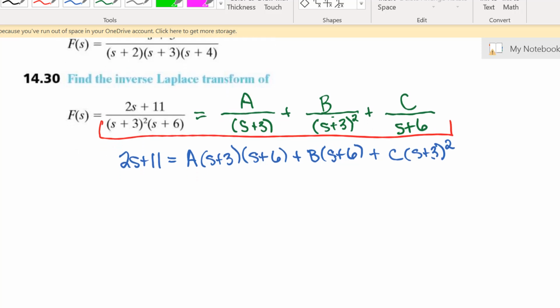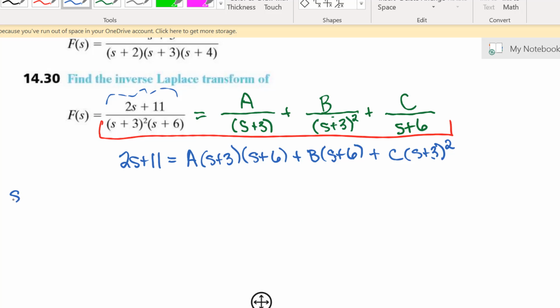Now, just a little technicality. Technically, this whole fraction here is undefined at s equals -3, but it is defined at s equals -2.999999. So it's sort of like taking the limit. And so I'm just going to plug in the numbers that make that denominator equal to 0.